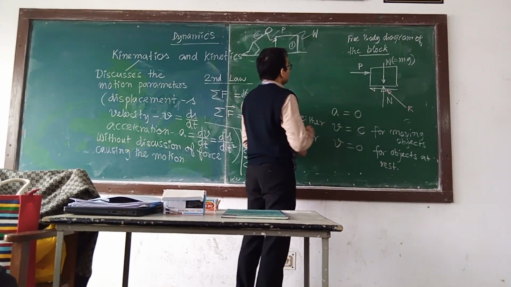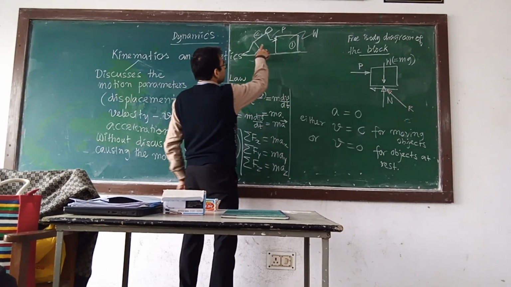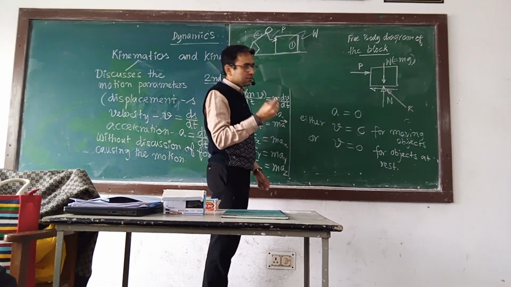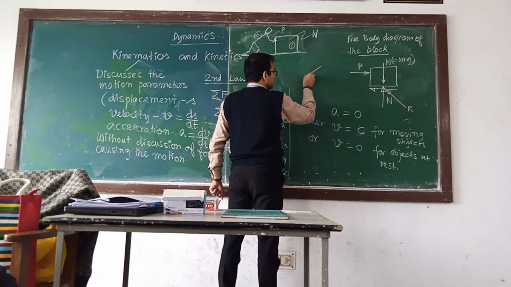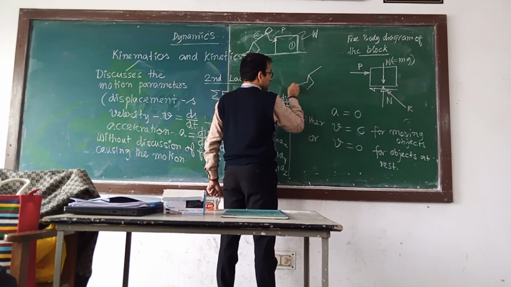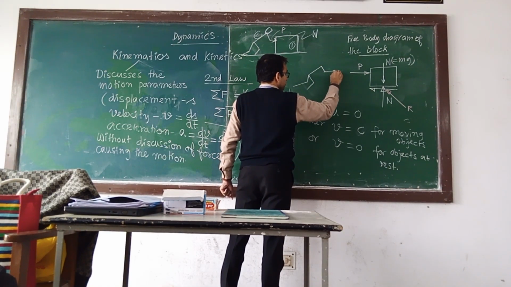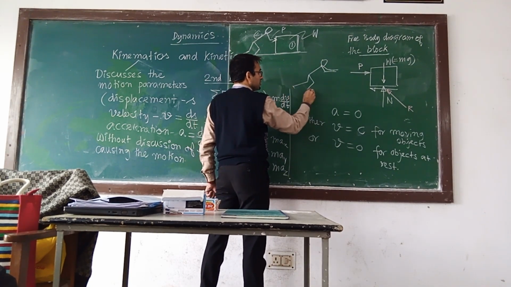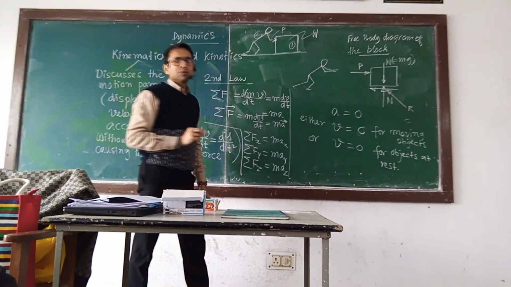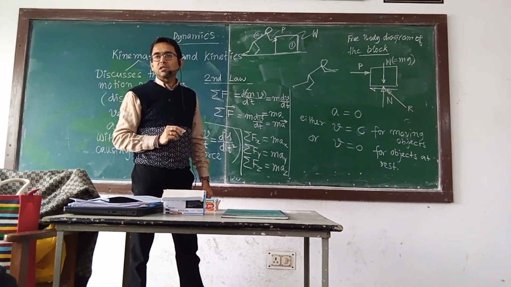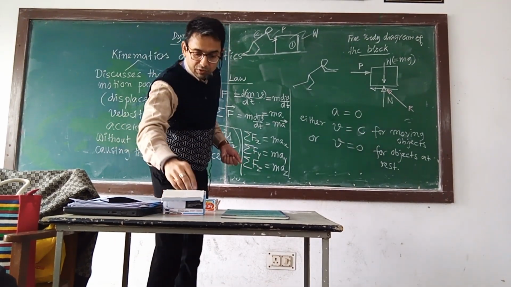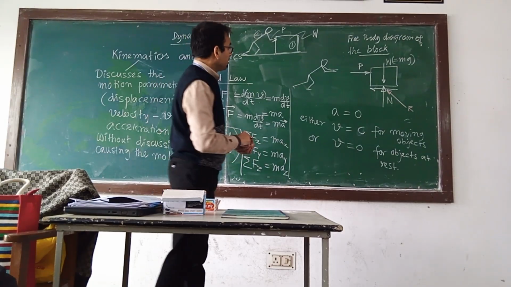Okay. Now, if I want to show the free body diagram of this person, can you show it? Say, for example, it is pushing. So what will that be? What will be the resultant? Can you show? Resultant means the forces.